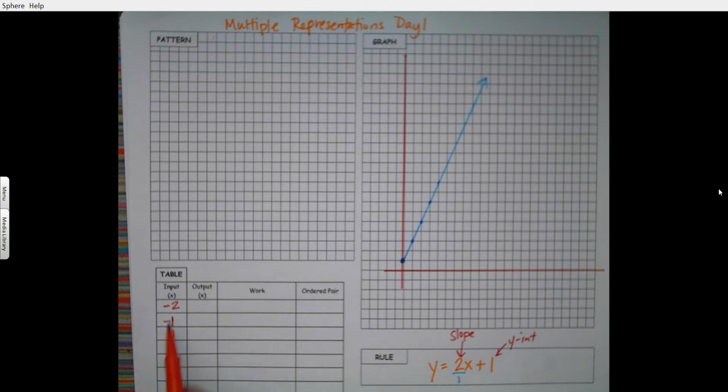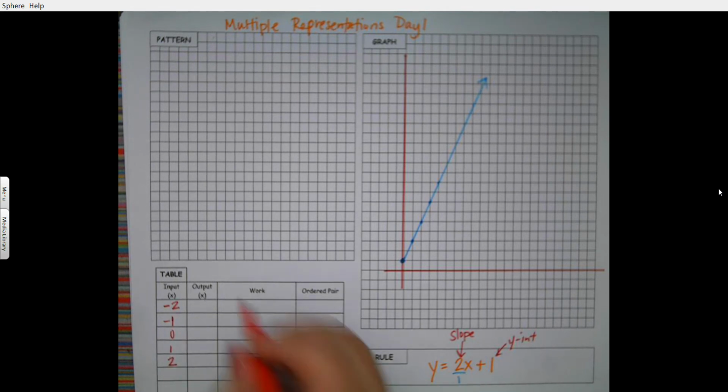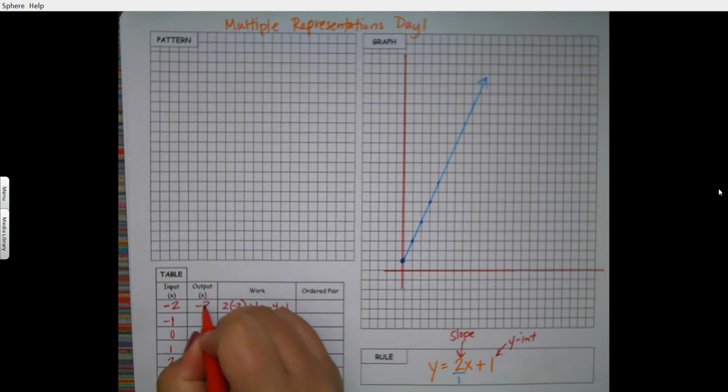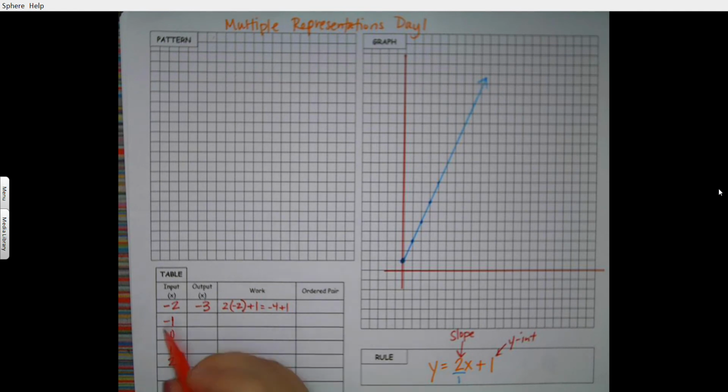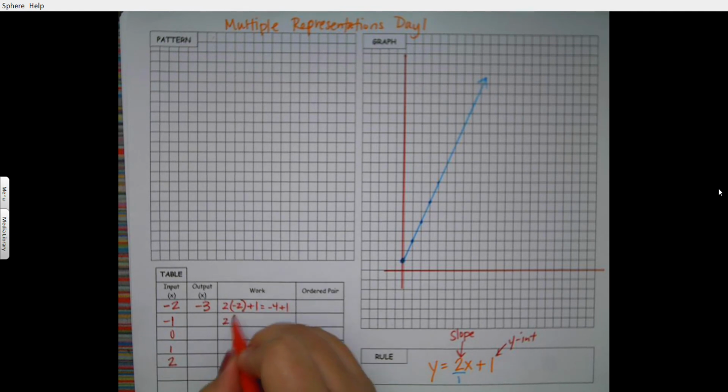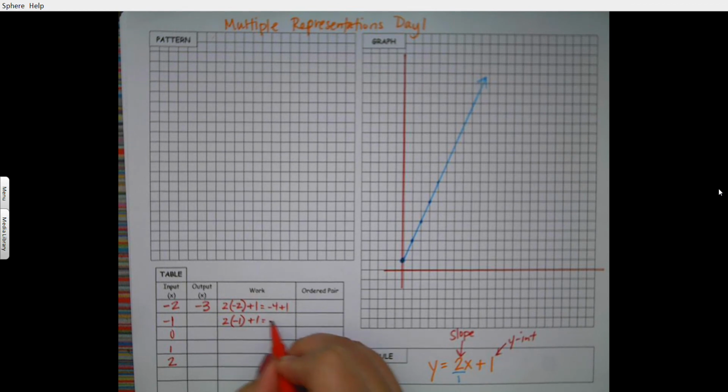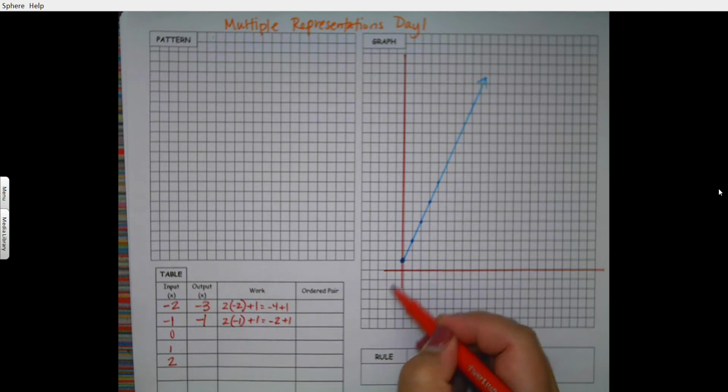Now to take the input means I take this number and plug it in where x is. So it's 2 times negative 2 plus 1. 2 times negative 2 is negative 4. Negative 4 plus 1 is negative 3. Now I plug in negative 1. So 2 times negative 1 plus 1. 2 times negative 1 is negative 2, plus 1 gives me negative 1. And these would be on my graph down here, right?